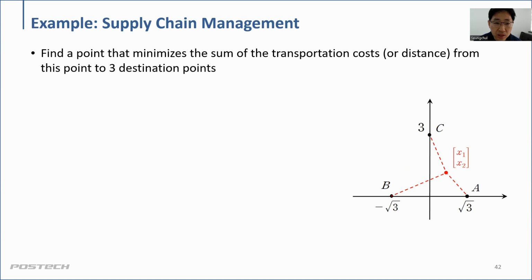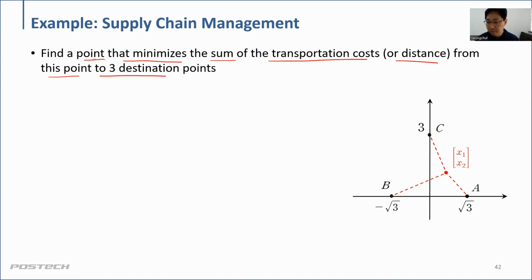Another example is the supply chain management problem. Find the point that minimizes the sum of transportation cost or distance from this point to 3 destination points.